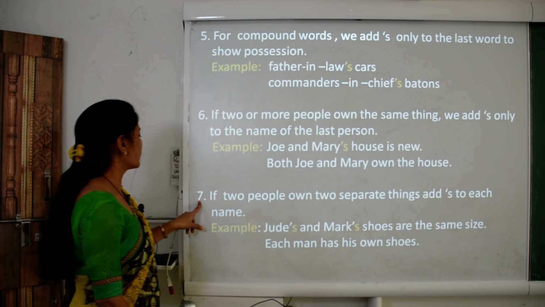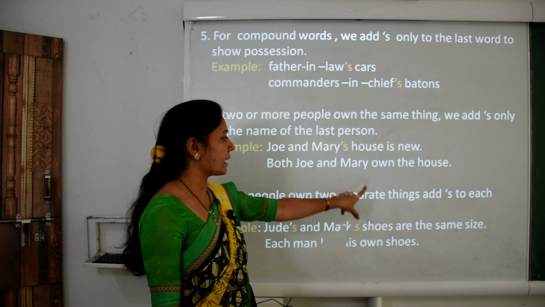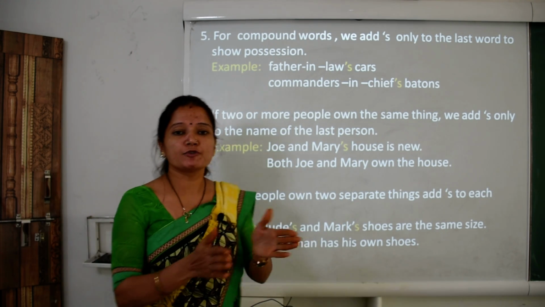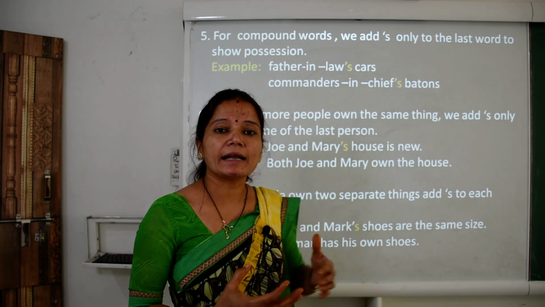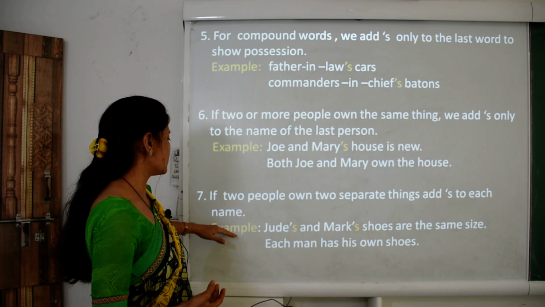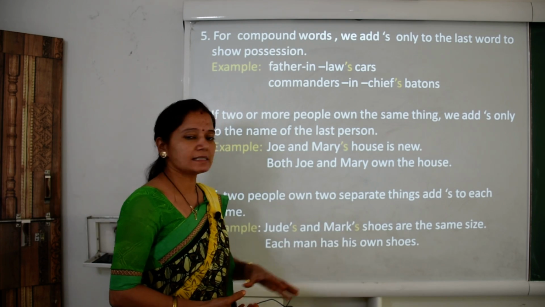Now let's look at the next point. If two people own two separate things, add apostrophe s to each name. So here it is just the opposite. If two people are there and they own two separate things, then we'll add apostrophe s with both of them. So let's look at some examples. Jude's and Mark's shoes are the same size.